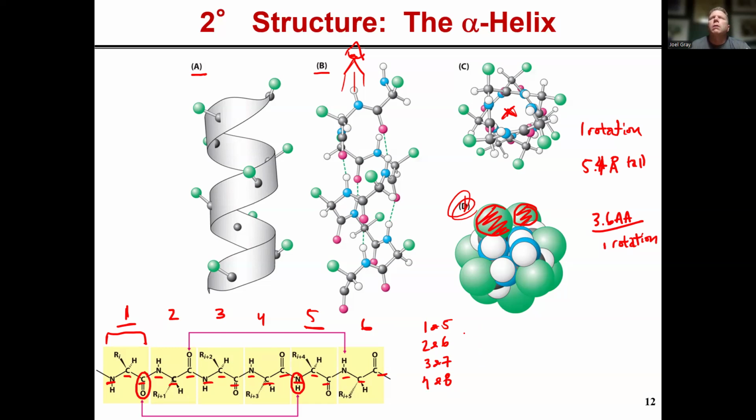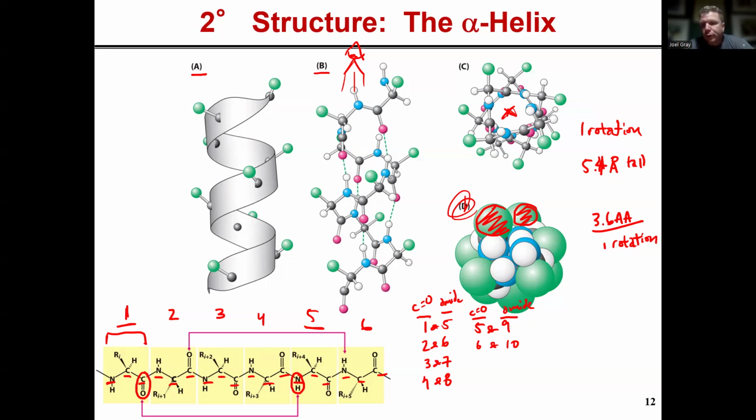What comes after 4? I think it's 5. That's right, it is 5 and 9, 6 and 10. Oh, but well, this is kind of funky. But remember, the first number that's written is the carbonyl. The second is the amide. So the carbonyl of 5 hydrogen bonds the amide of amino acid number 9.